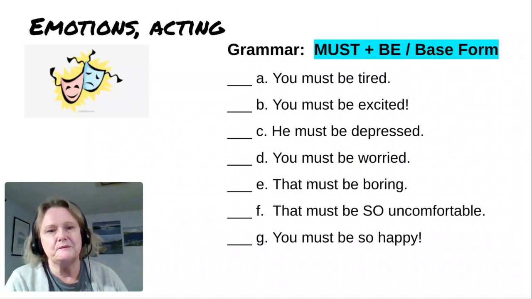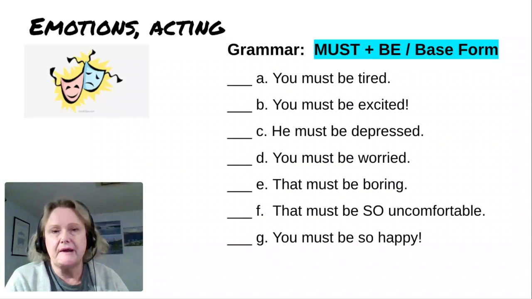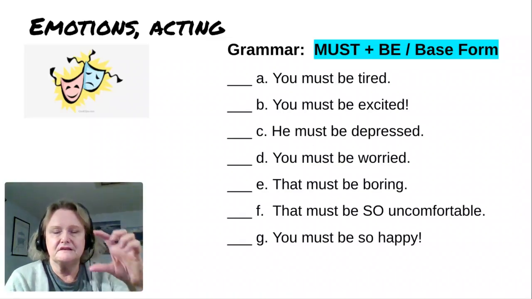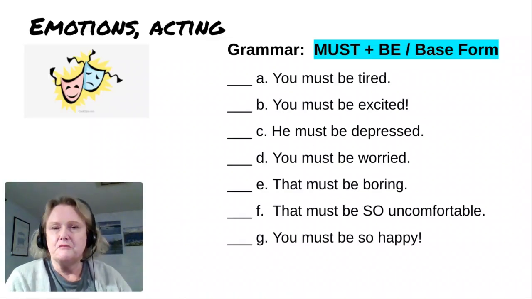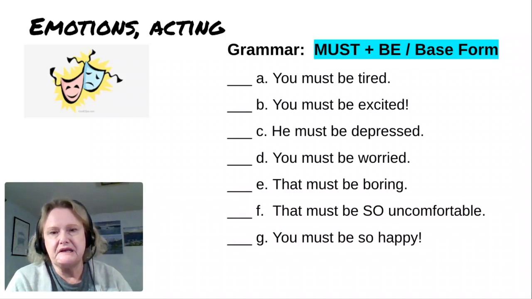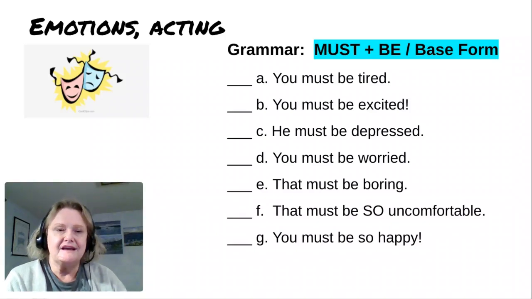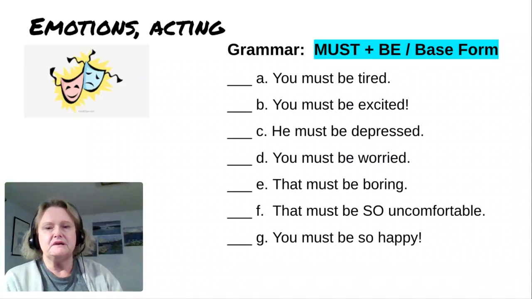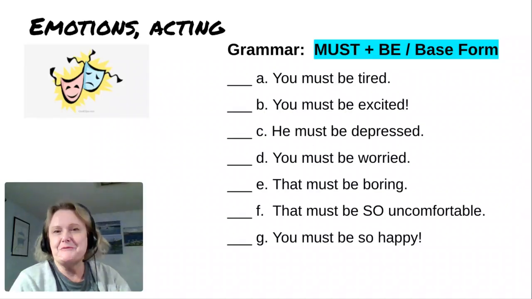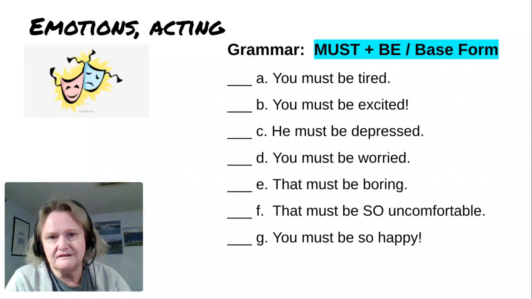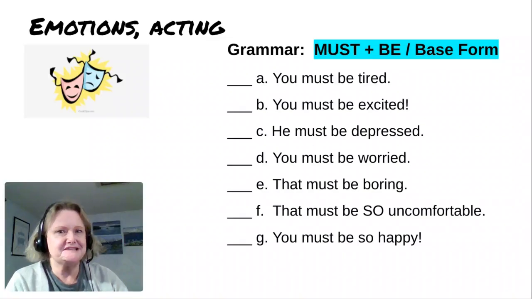Here's an example. Let's say you're teaching grammar, and there's a little unit on modals, and here must be. And as you're working with them, you can add in the emotions that would be there. You must be tired. You must be excited.